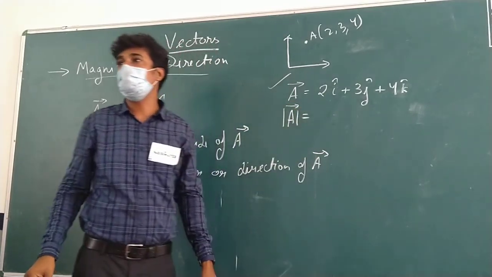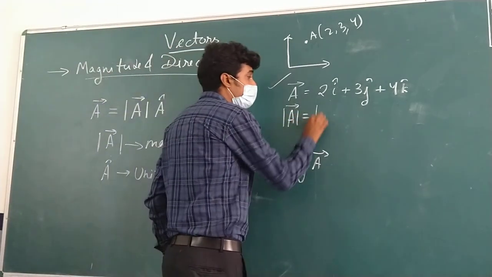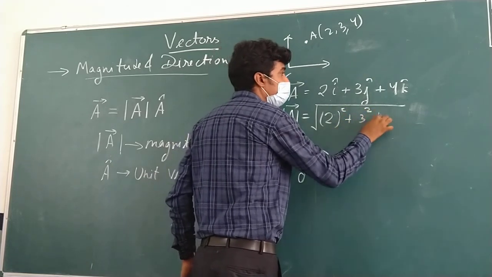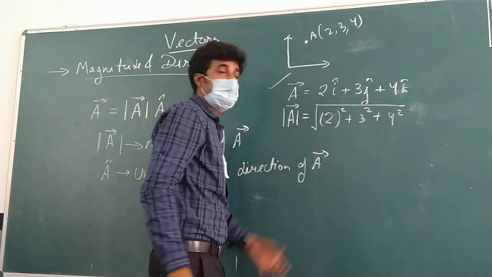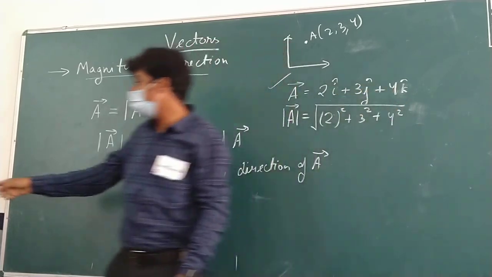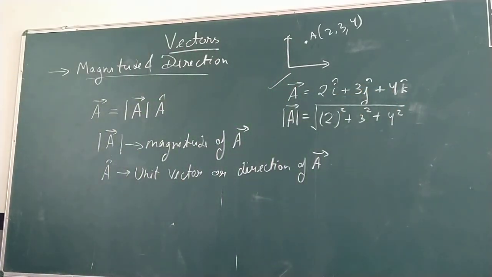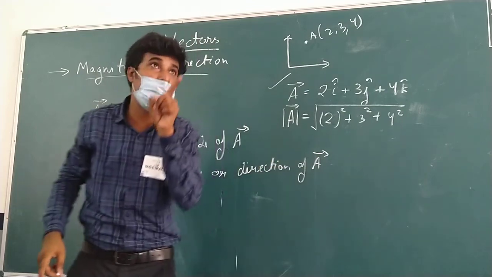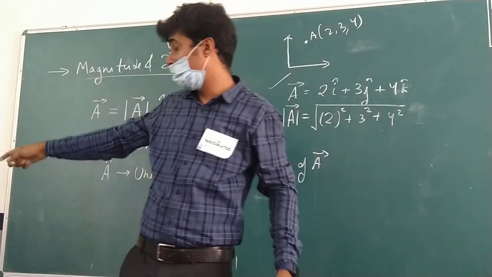Let's see. In order to find the magnitude of this particular vector, mod of A, how are we going to calculate it? Under root of 2 square plus 3 square plus 4 square. Its magnitude, that is, if I draw the line from the origin to this point 2, 3, 4, the length of this line from here to there will be equal to the magnitude, length, and it has a specific direction with respect to origin.